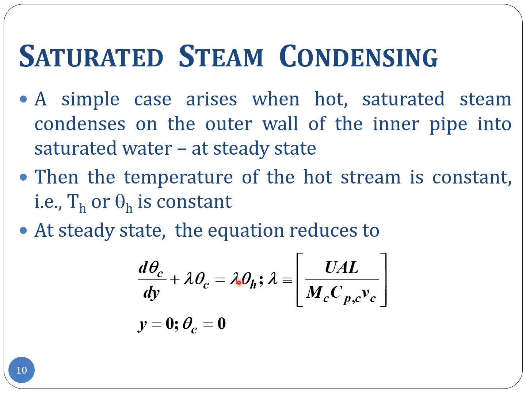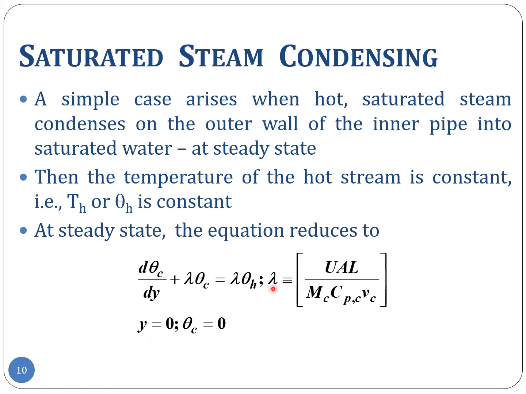If lambda is very, very small, then there is hardly any variation. Basically, d theta c dy is hardly anything, there is hardly any change with respect to y of theta c, so the temperature will be almost constant.